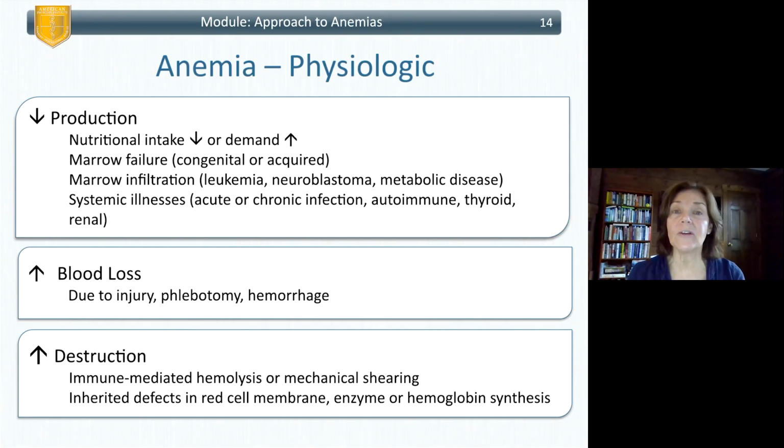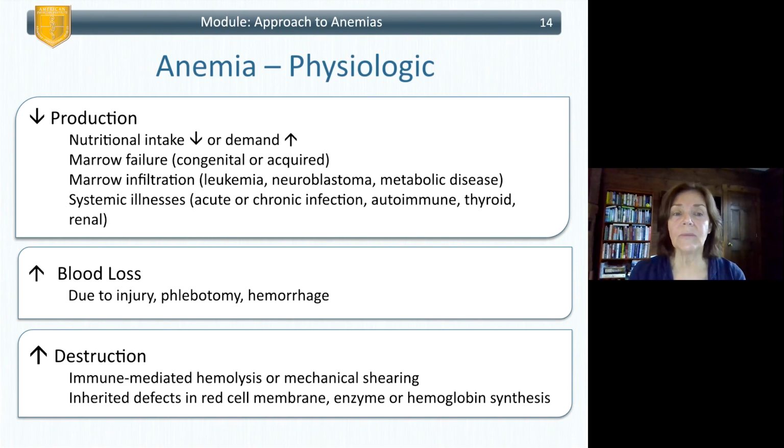Decreased production can also be a sign of marrow failure, whether it's acquired or congenital. It could be a sign of marrow infiltration by cancers or metabolic diseases. It could be a sign of systemic illness, as seen in acute or chronic inflammation, such as autoimmune disease, thyroid disease, or even kidney disease.